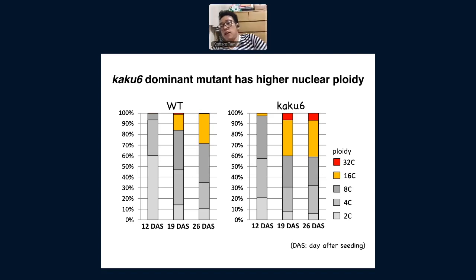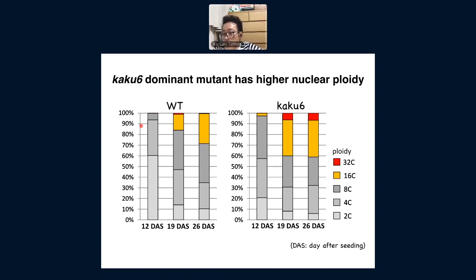Based on these results, that the Kaku6 mutant has increased nuclear and cellular area, organ size, and number of trichome branches, we next examined the nuclear ploidy level with flow cytometry. In wild type, the majority of cells have lower ploidy, such as 2C and 4C.